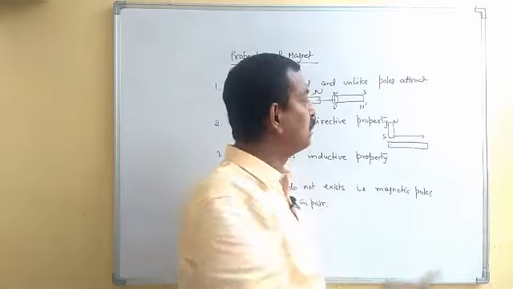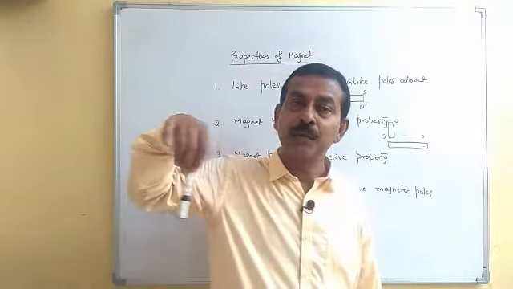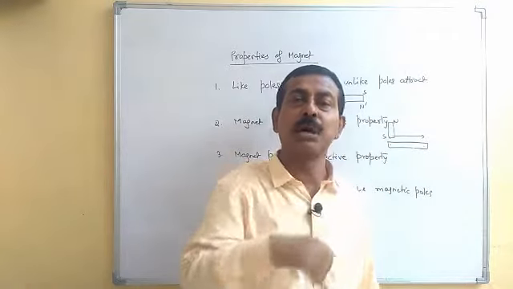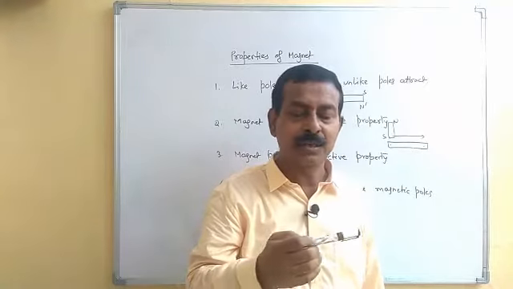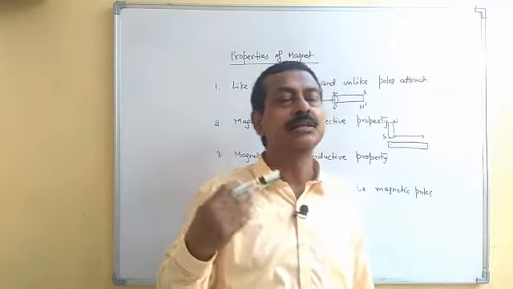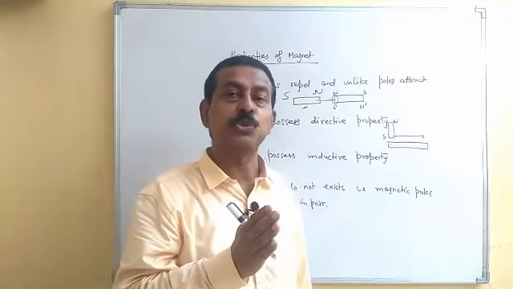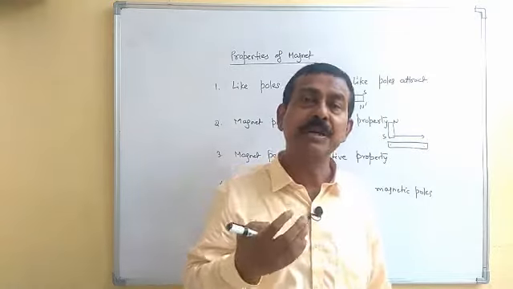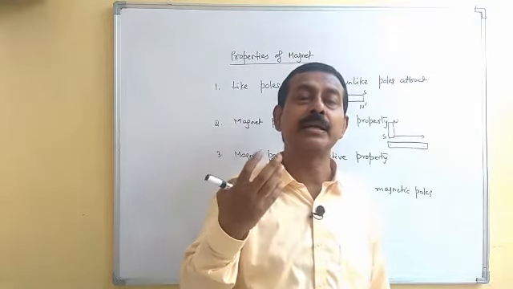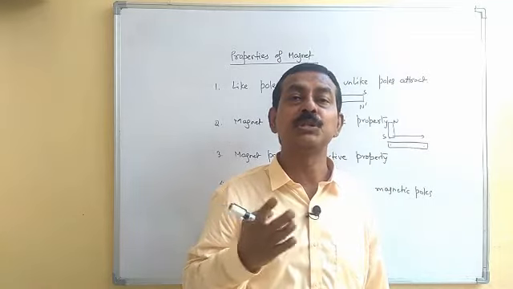So if there is uniform attraction experienced by the one which we are moving along the length of the other one, then the one which we are moving is a magnet and the other which is lying there is a simple iron piece. So this is how we can distinguish between the two, where you have not been given any thread or any magnetic substance or anything else to distinguish between the two.